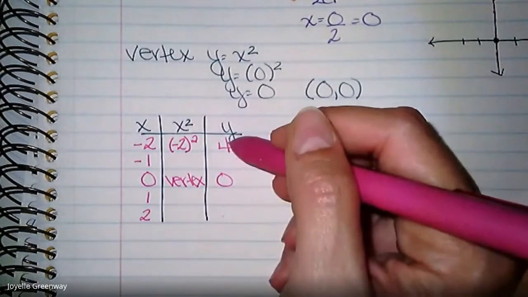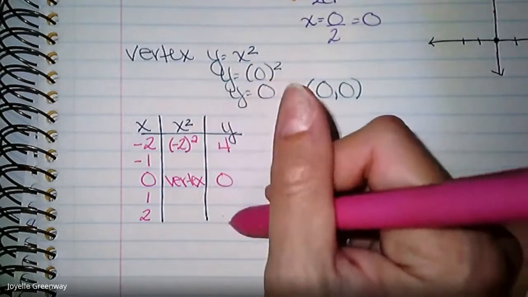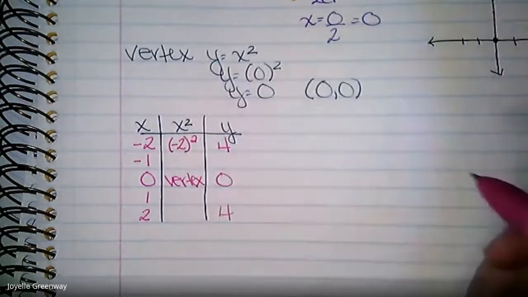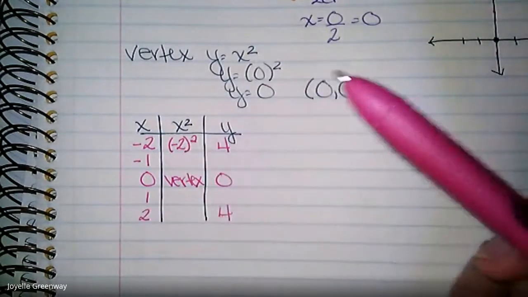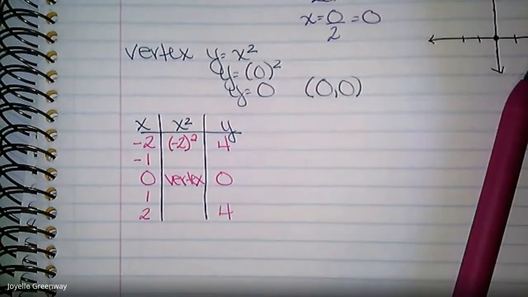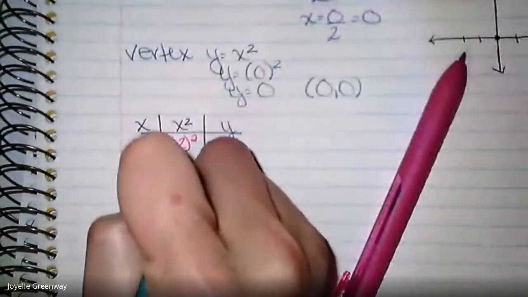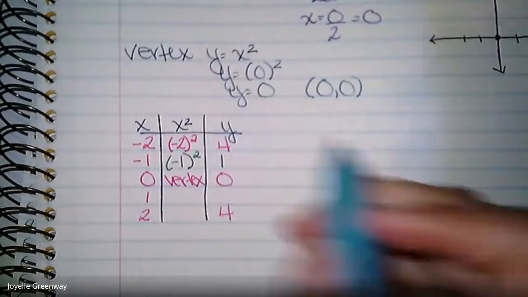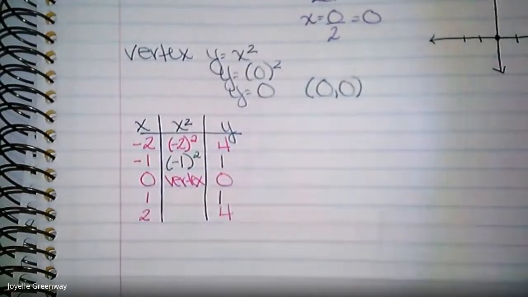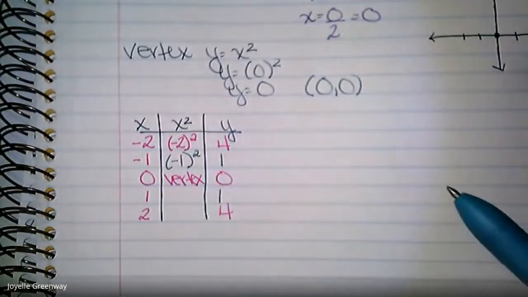So if I'm 2 units away and I'm at 4, then I go 2 units away and I'm at 4. Also, 2 squared is 4. So that's a good check. So now I'm going to do -1. So -1 quantity squared is 1. And it's the same thing for this point.